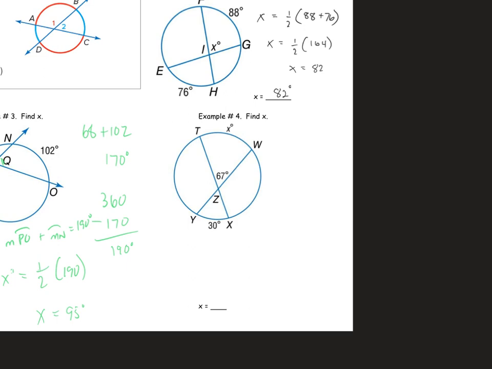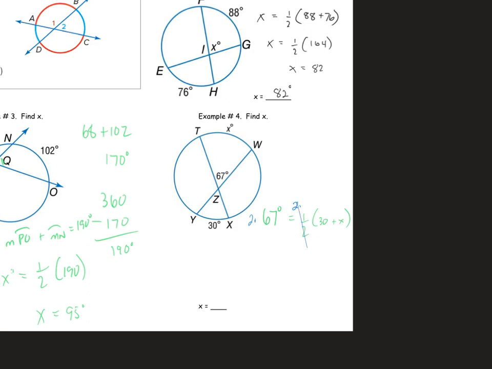And lastly, here I know that 67 degrees is the measure of my central angle. That is equal to 1/2 of 30 plus x. Well, in order to get rid of that 1/2, I could multiply everything by 2.